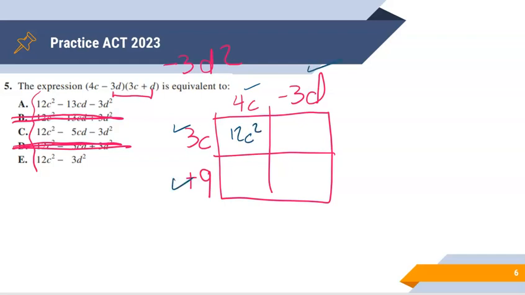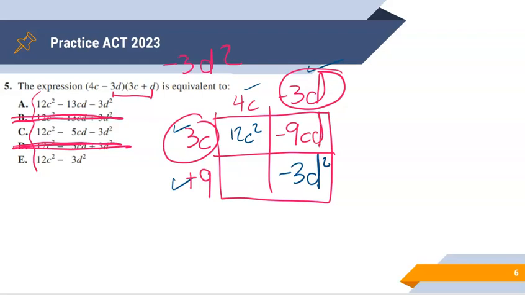Multiply the last 2 pieces, and 3d times d is negative 3d squared. Now, to get the missing pieces, the piece in the middle, we multiply these 2 and we get a negative 9cd. And then we multiply these 2 and get 36cd.